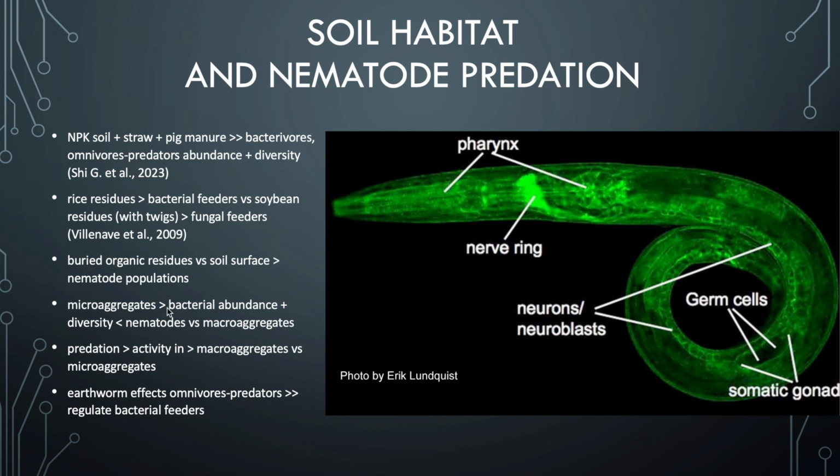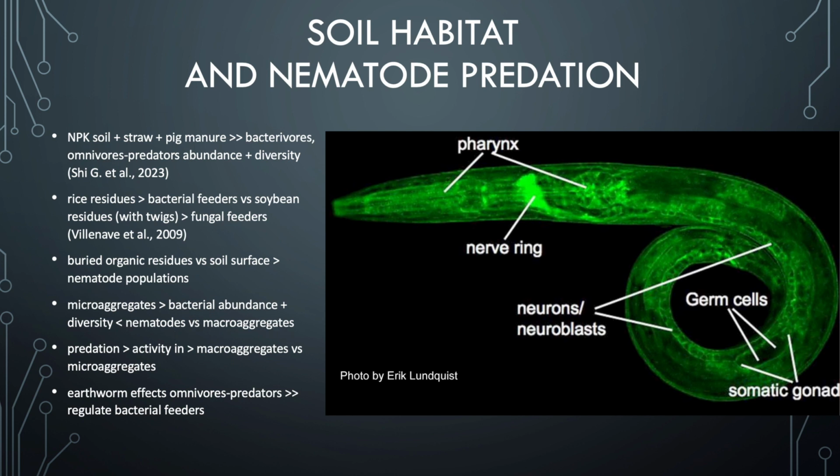In macroaggregates, where the pore size is greater, the bigger nematodes can actually fit in through those pores and take advantage of that habitat that has specific bacteria living within those macroaggregates.